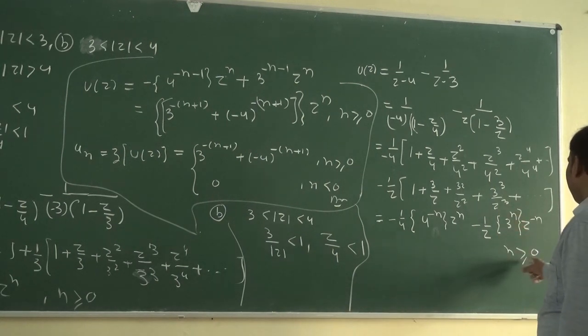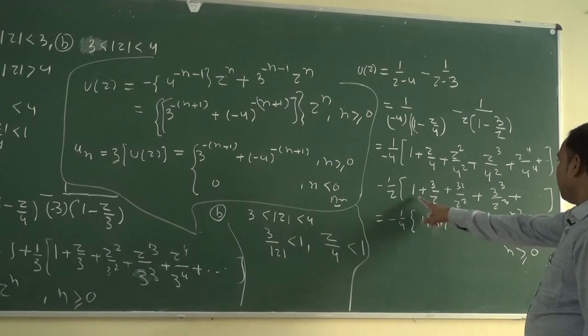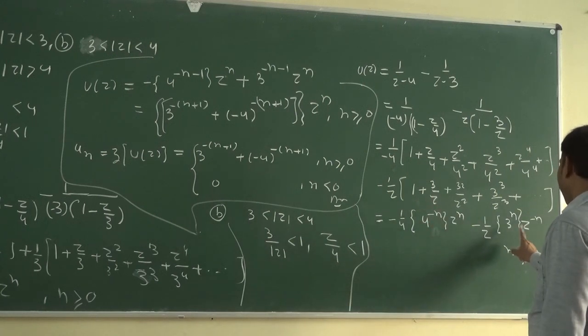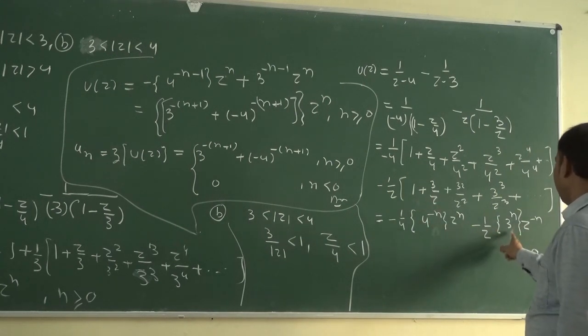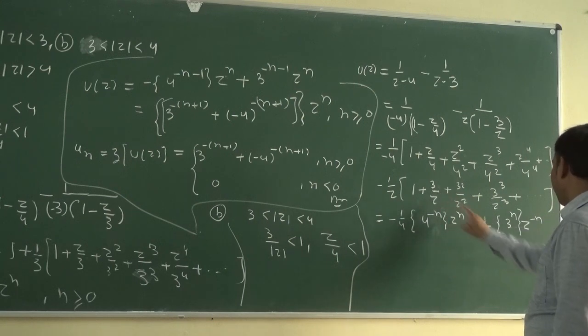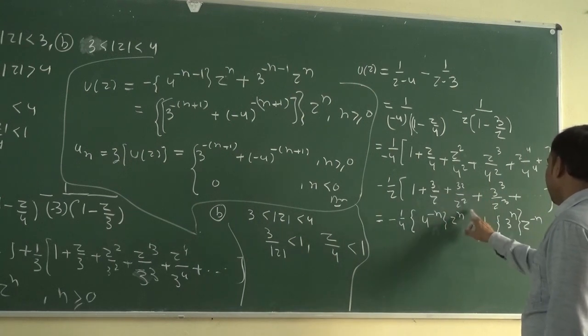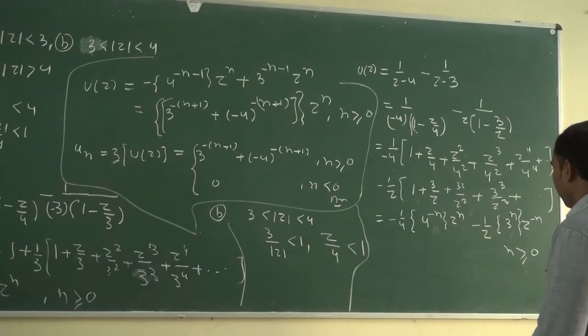And here, if n equal to 0 we simply get 1, for n equal to 1 we get 3 upon z, for n equal to 2, 3 square upon z square.